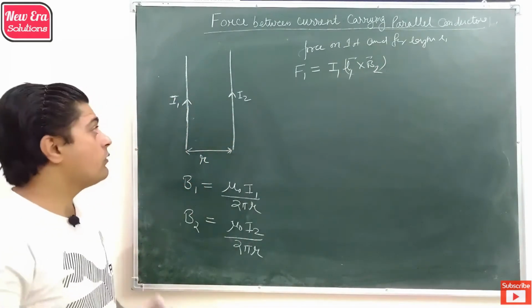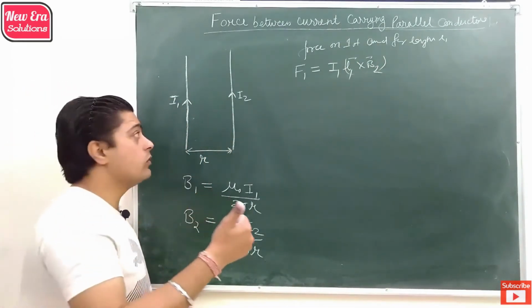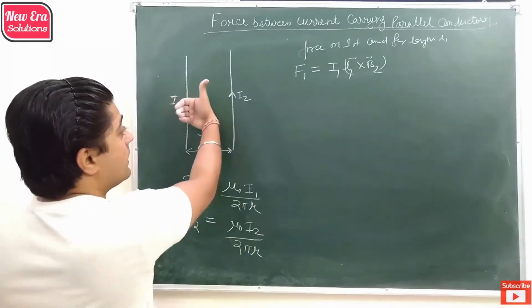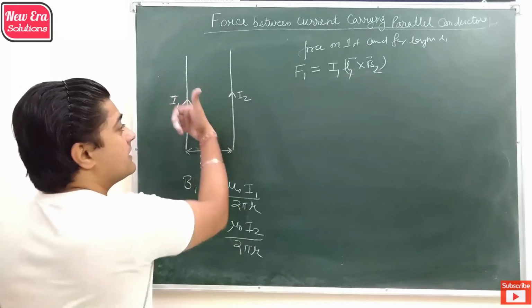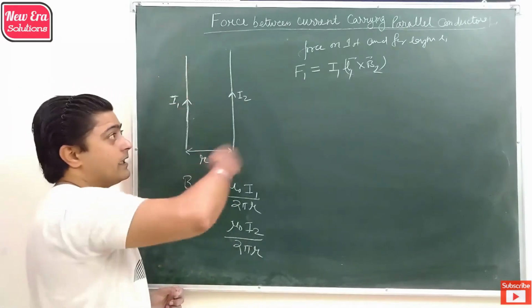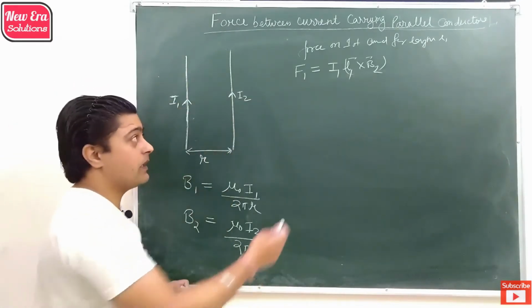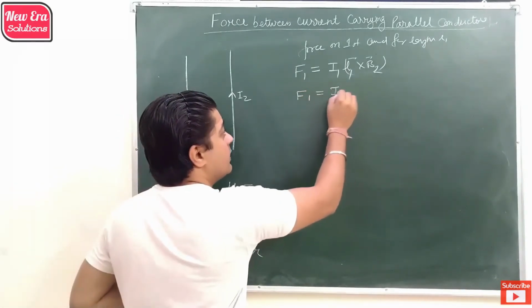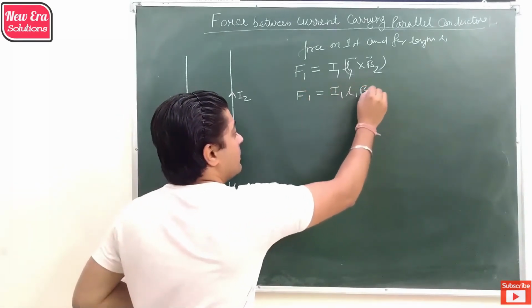As we know from the right hand thumb rule, the direction of the magnetic field on the current element L1 is in the outward direction. So the length and magnetic field B2 are perpendicular. So this can be written as F1 is equal to I1 L1 B2.